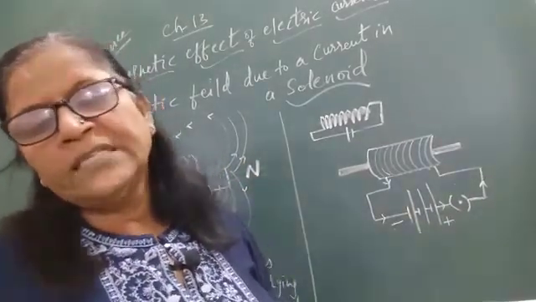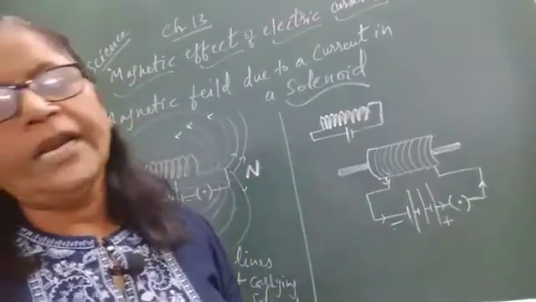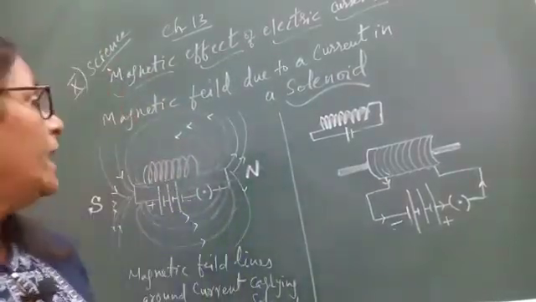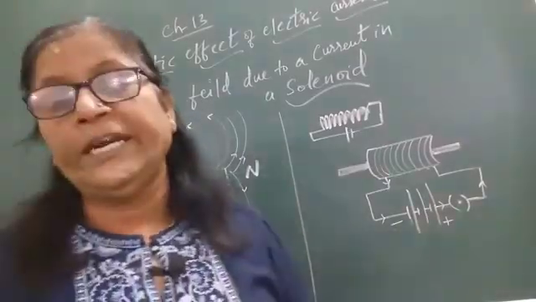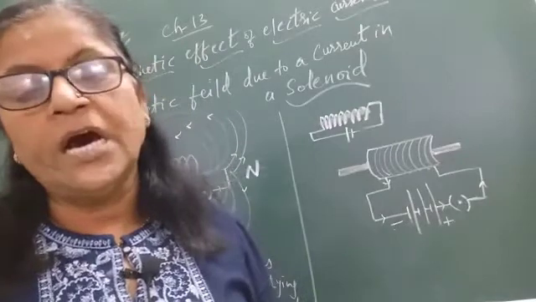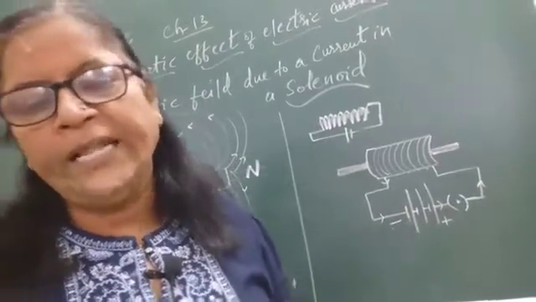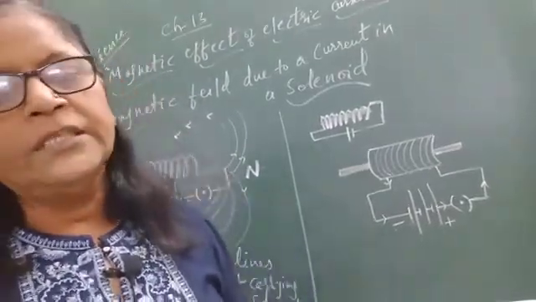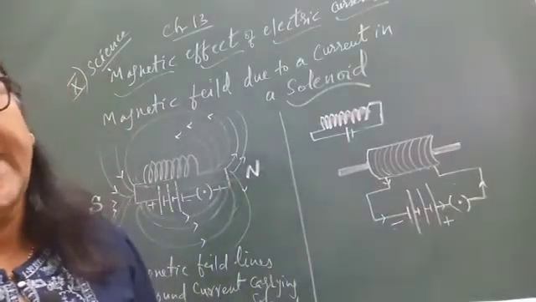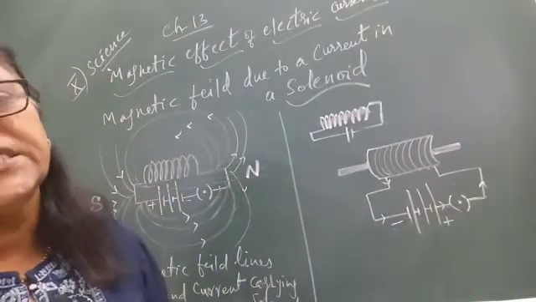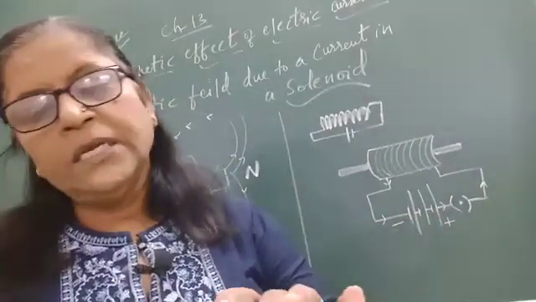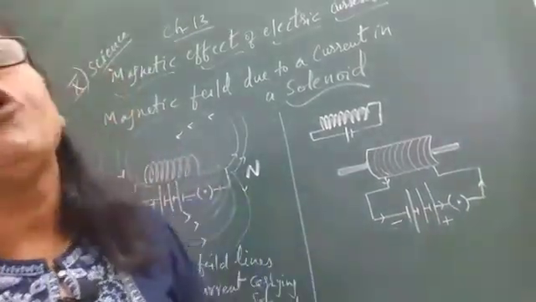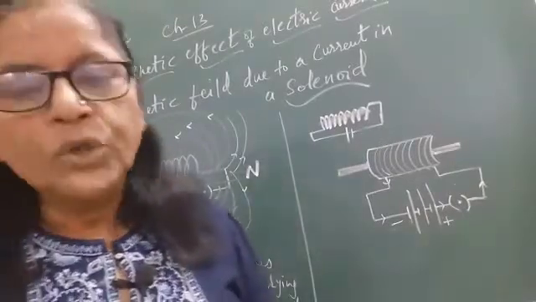Here the field lines inside the solenoid are in the form of parallel straight lines. They do not cross over or intersect each other. These lines are straight and parallel, and they indicate that the magnetic field is the same at all points inside the solenoid, which means the field is uniform inside the solenoid.